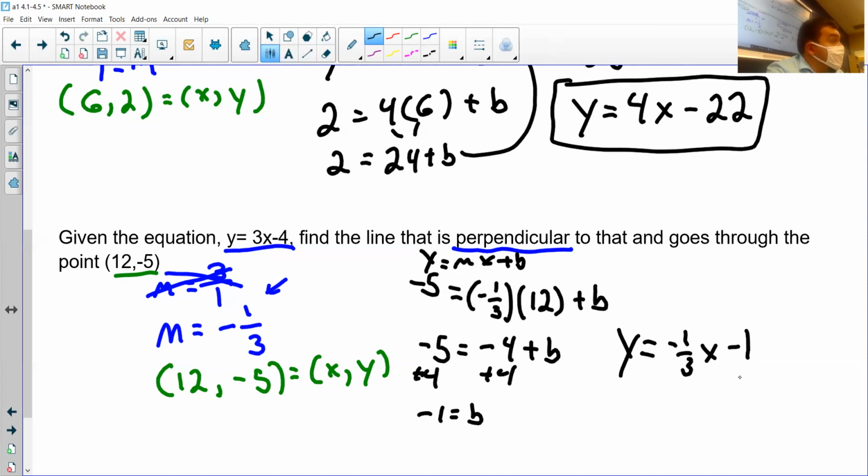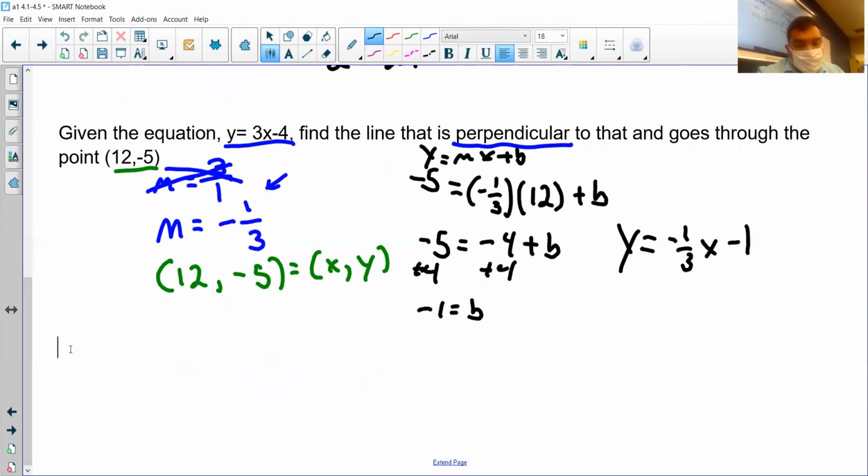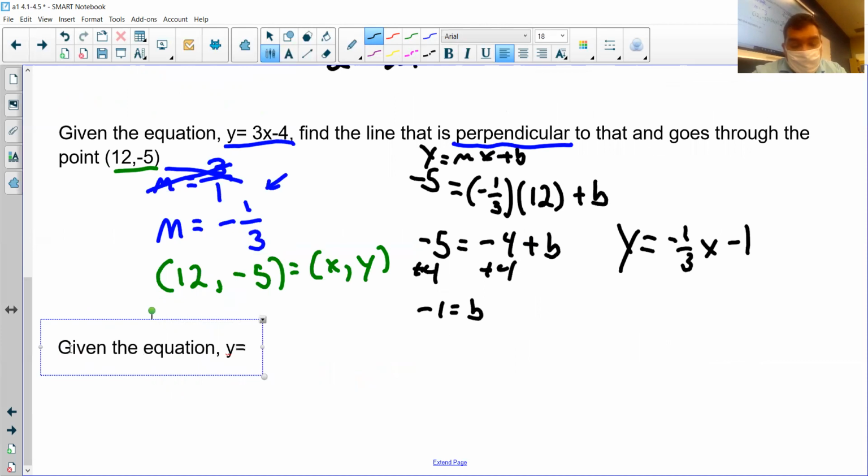Would you like to try one yourselves? Sure. Okay, I'll just give you a perpendicular because we did enough with parallel. The equation y equals 5x minus 7.